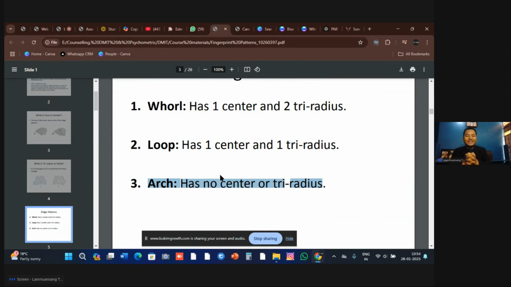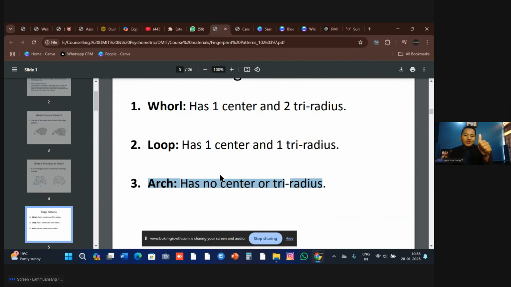Now, how to identify this fingerprint? Which one is the personality, which one is not? Just see the thumb. Whatever you see on the left hand thumb is the primary. If you go to the DMIT report page 16, at the top you will see primary personality and secondary personality, depending on this thumb.